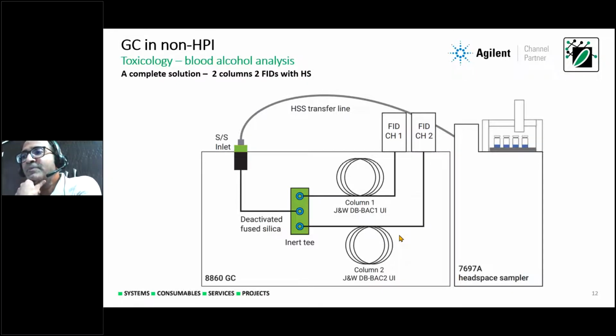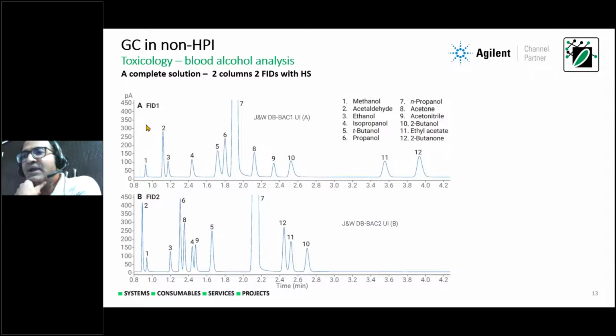The typical chromatogram, as you can see here, has the BAC1 column and then the BAC2 column. And as you can see, the BAC1 column takes a little longer. It takes around 4 minutes for the separation, but the BAC2 does all the analysis in less than 3 minutes.